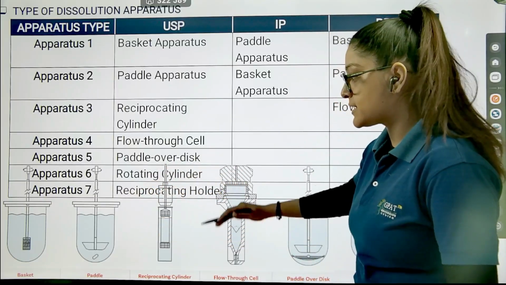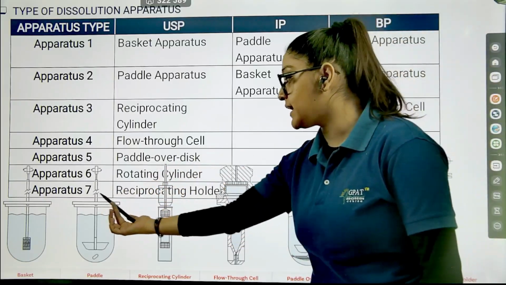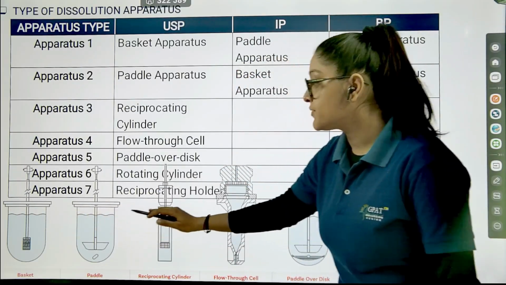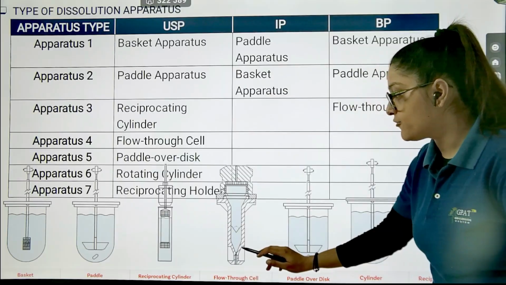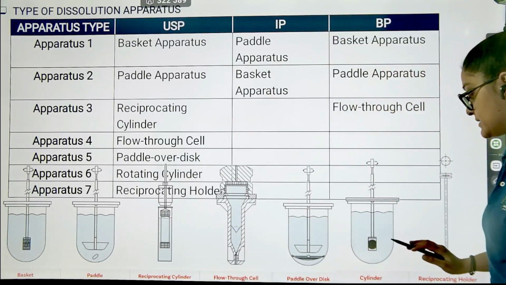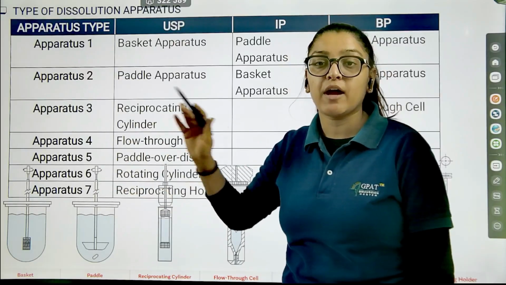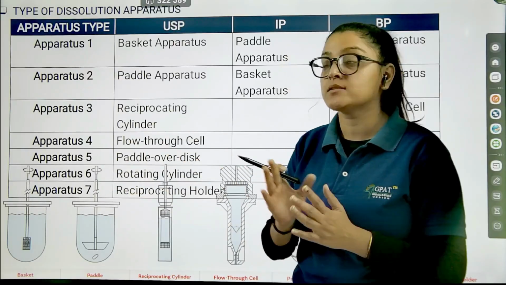Now the images are slightly superimposed because these are the apparatus. Actually we have the basket here, then the paddle here, then the reciprocating cylinder, then the flow through cell, then the paddle over disc and cylinder over disc and reciprocating holder. Based on this order only you have to remember; you cannot jumble up this order.